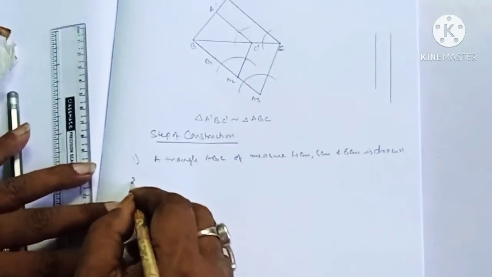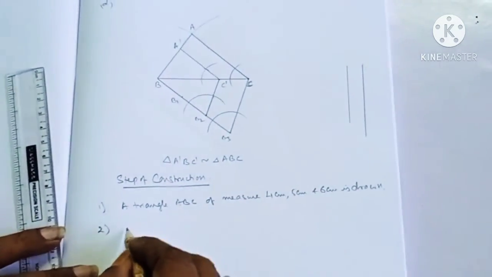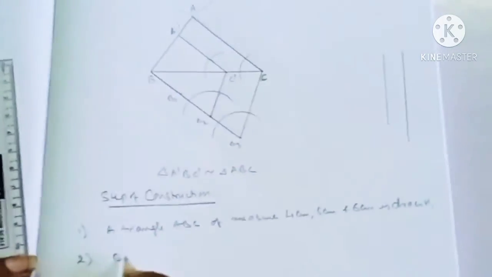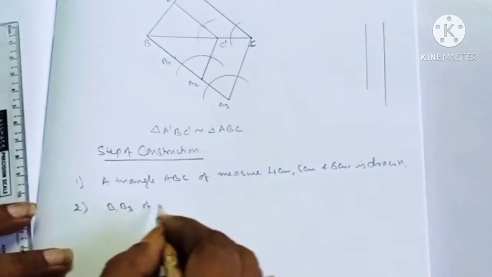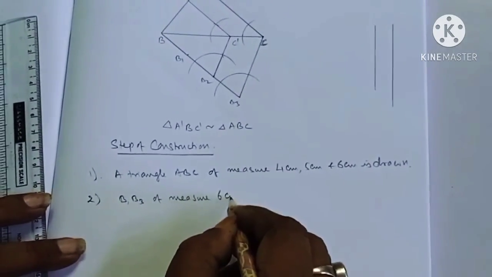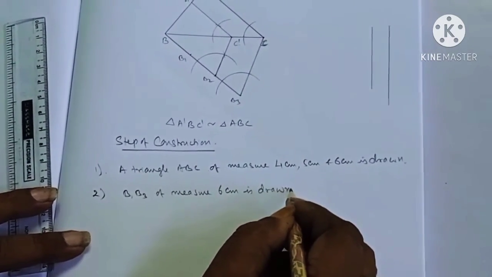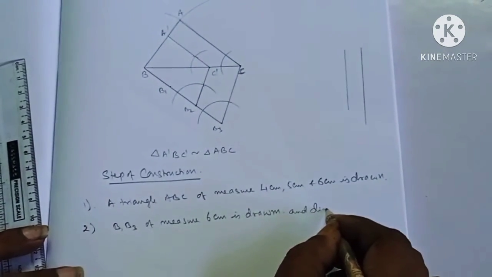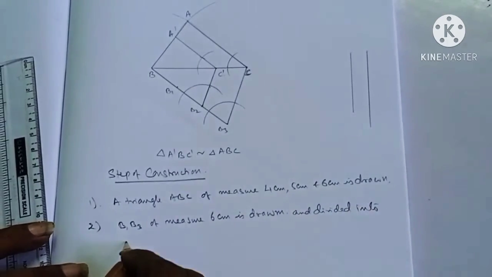At point B, taking any acute angle, B3 of measure 6 centimeter is drawn, and divided into 3 equal parts.